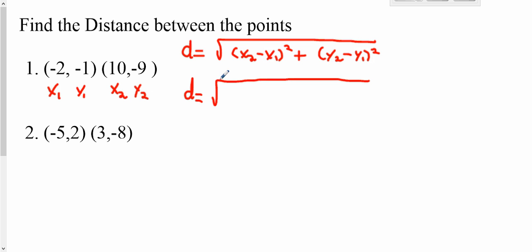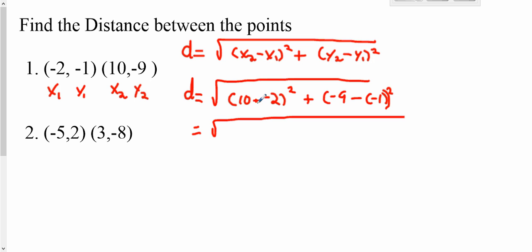Using simple substitution and some arithmetic, we can simplify this. I want to subtract the two x's. So that's 10 minus a negative 2, squared, plus negative 9 minus a negative 1, squared. Using simplification, 10 minus a negative 2 is the same thing as 10 plus 2, so this is 12 squared, plus negative 8 squared.